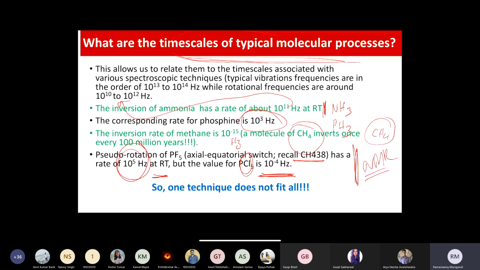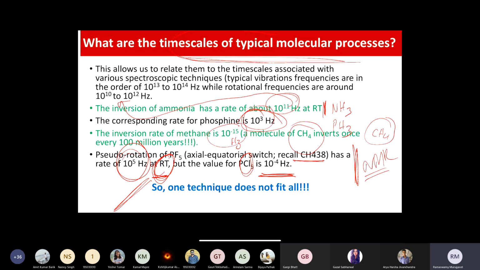Sometimes I may not even use a different technique. I may simply change the temperature. Sometimes I can change these rates, 10 hertz, 10^3 hertz, 10^-15 hertz, or 10^5 hertz, into something else by cooling or heating the system.